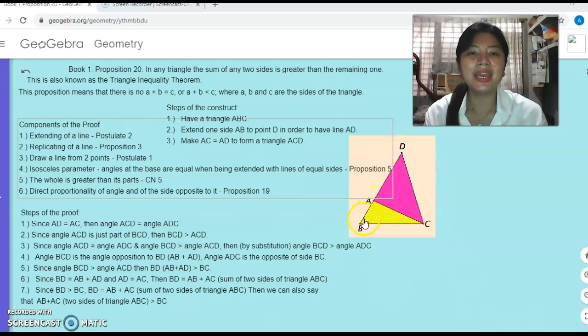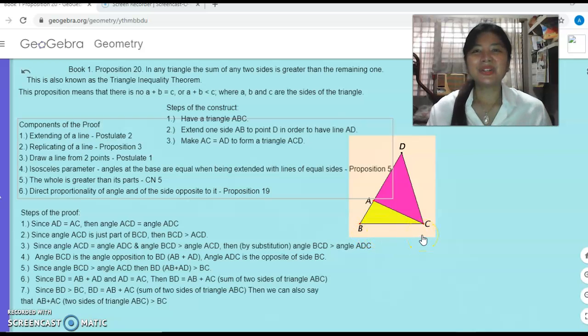And since BD is greater than BC, we can have the inequality that states AB plus AC is greater than the side BC. So that concludes our discussion of Proposition 20. Thank you so much for watching and listening, and stay safe.